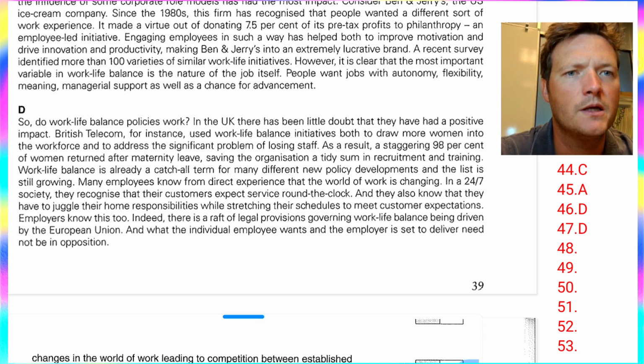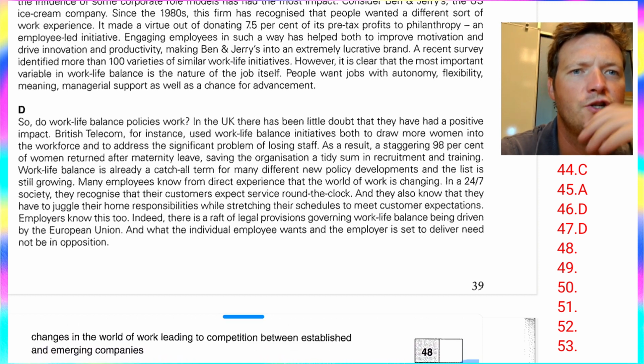Okay, so let's move on to number 48. Changes in the world of work leading to competition between established and emerging companies.